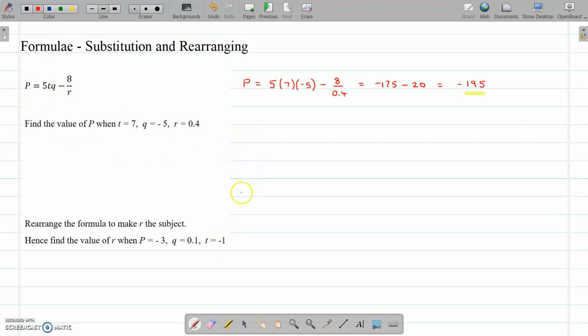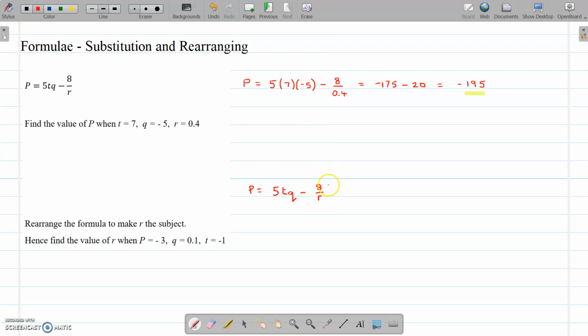So I'm going to start by writing down the formula exactly as it is. Okay, P equals 5tq minus 8 over r. Now, what I'm trying to do is isolate the r, get it on its own, but I need to do this carefully in stages.